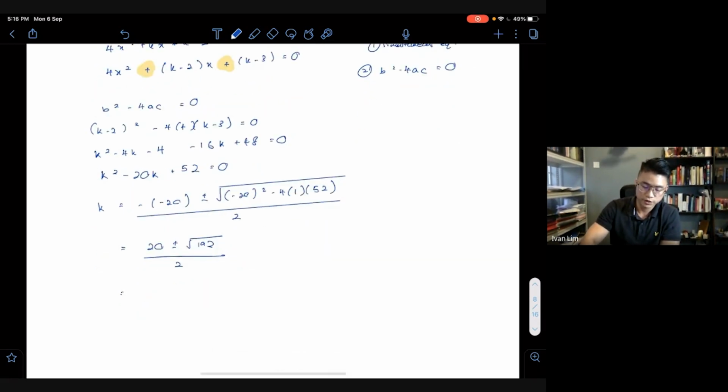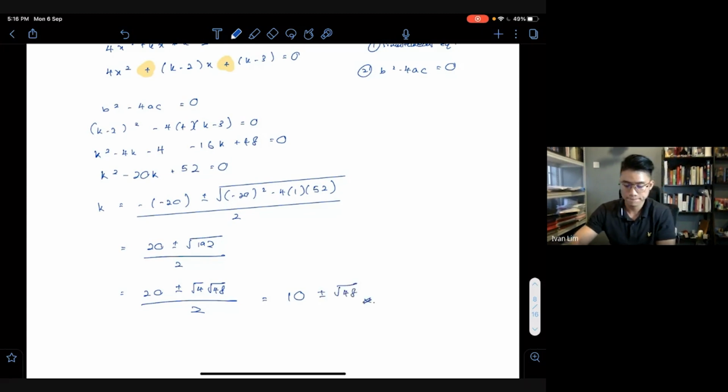Do you want to simplify it? Mine can be 20 plus minus root 4 times root 48 over 2. Root 4 is 2, so I divide the whole equation by 2. It will be 10 plus minus root 48.